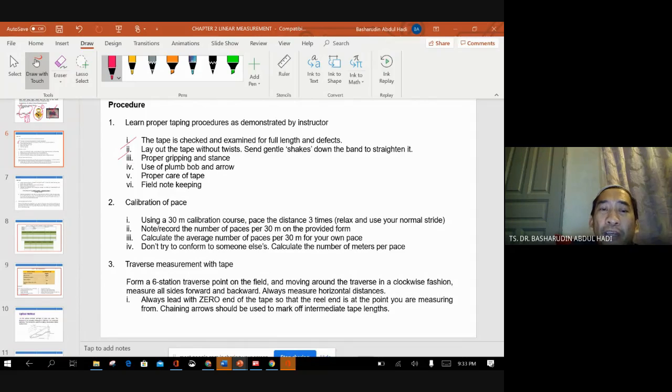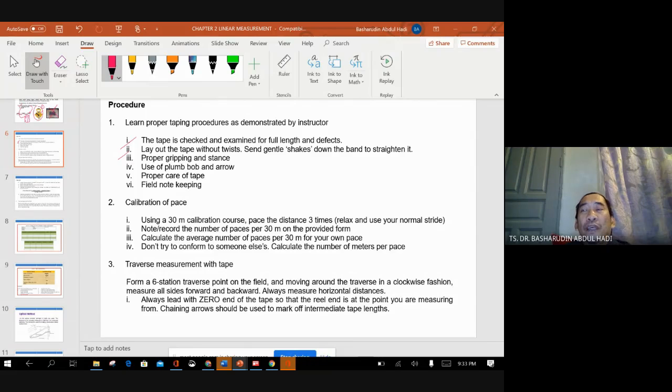That's why field note keeping is not an easy task for the lecturer, to ask them to keep up and do the calculations, because the students say after the work is finished, it is finished. No, it's not finished. We need the data to analyze.